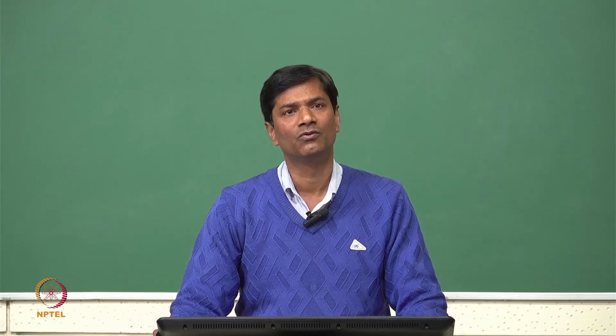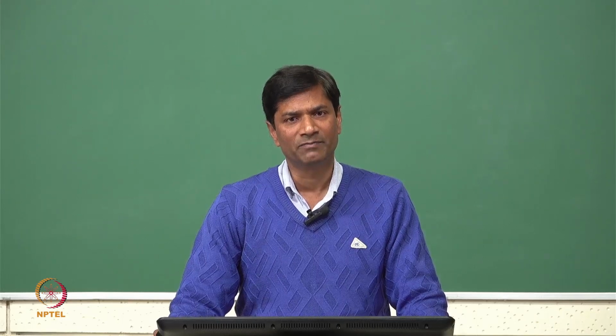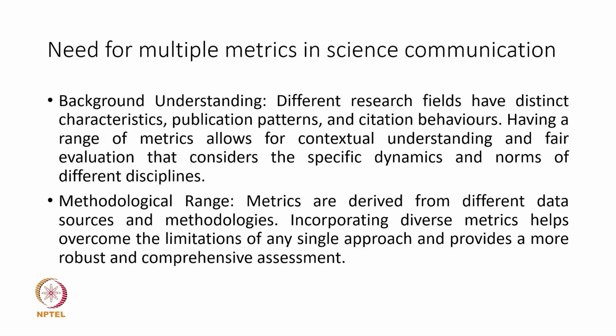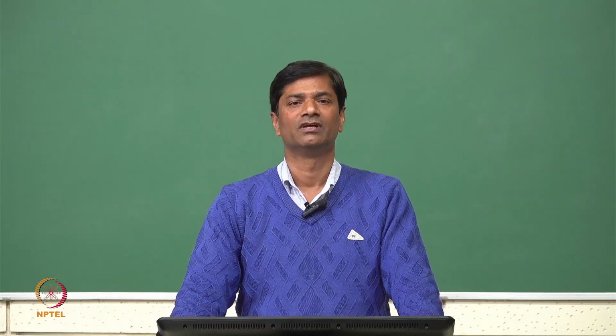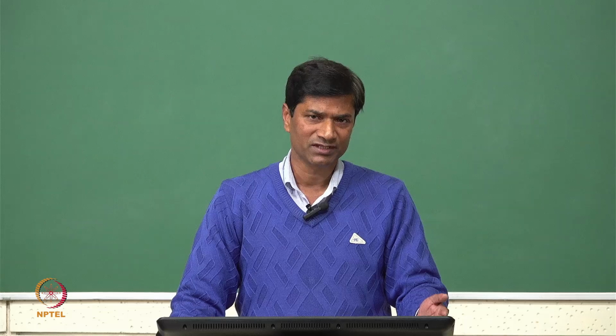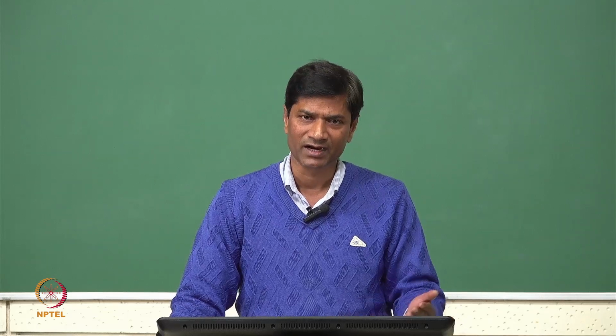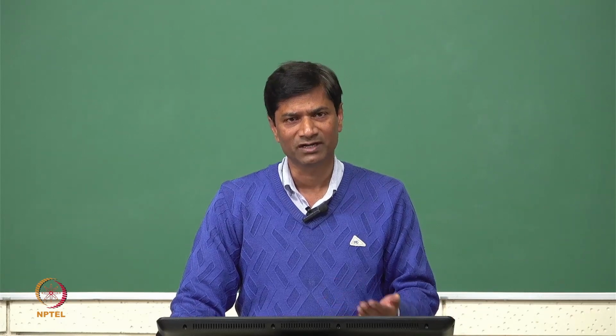Different metrics are also needed for background understanding of different domains of science and also the methodological ranges, because, as we have seen, science is spreading, is multidisciplinary, is multifaceted.